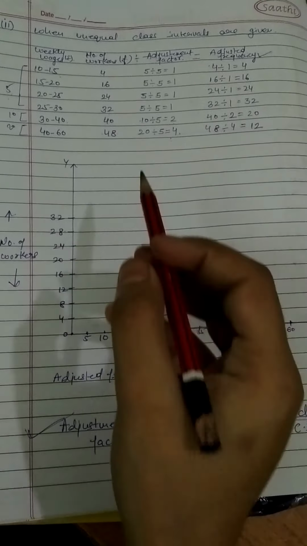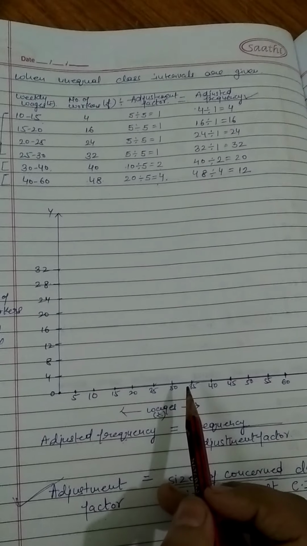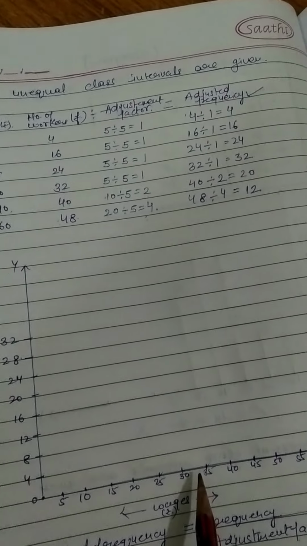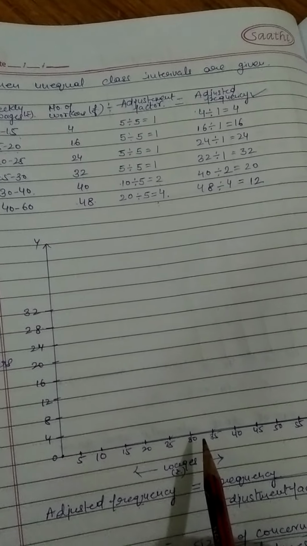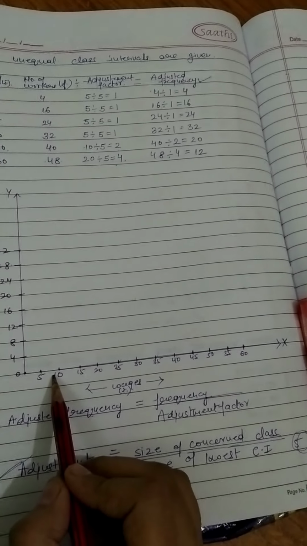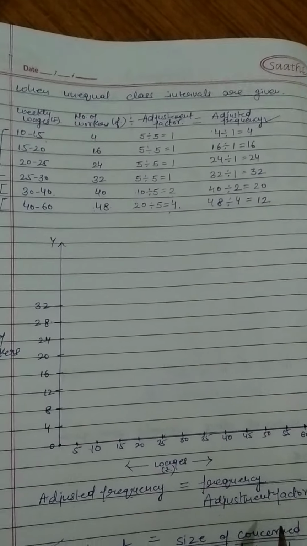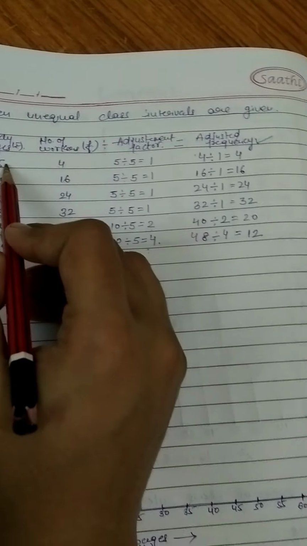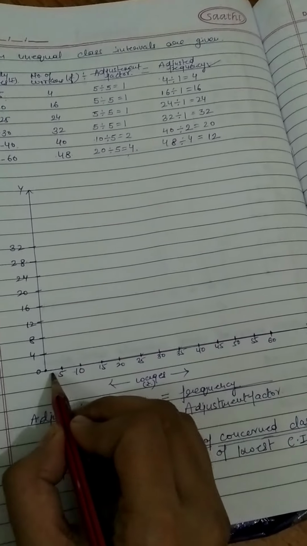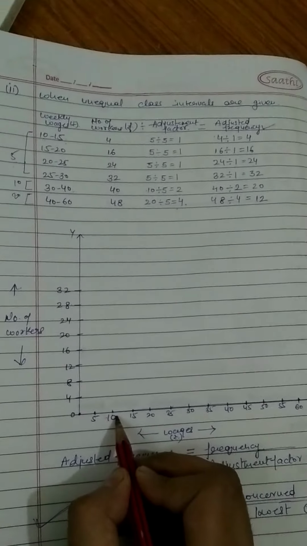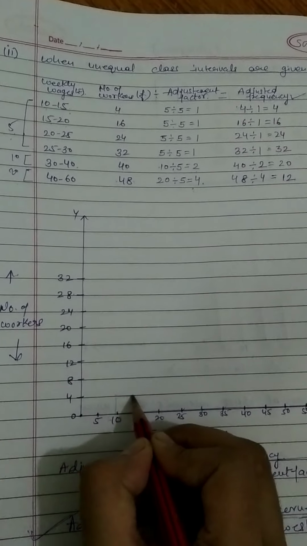On the x-axis I have taken 0 to 5, but the first class interval is 10 to 15. So 10 to 15, the adjusted frequency is 4. So we will start from 10 to 15, not from 0 to 5 or 5 to 10.